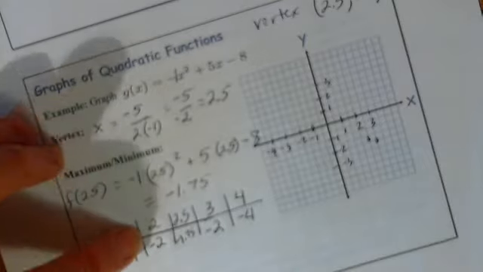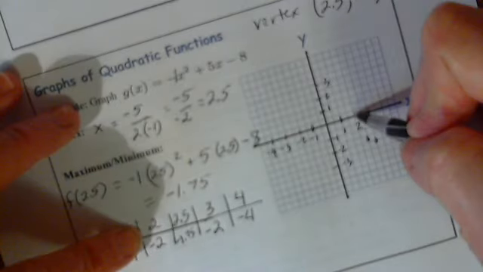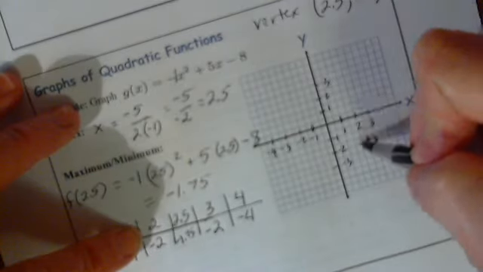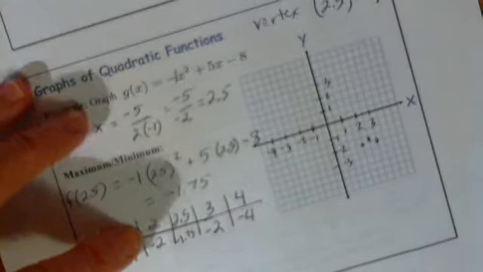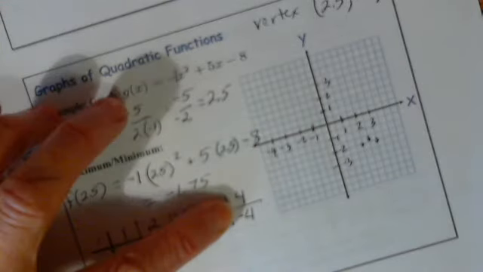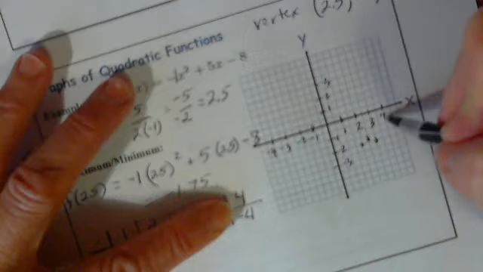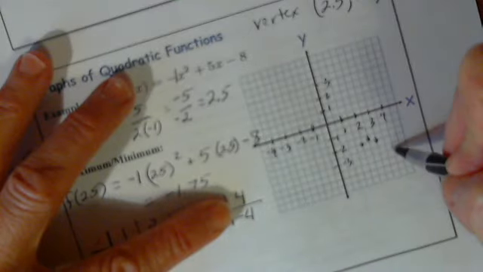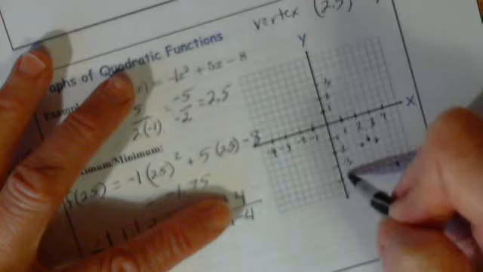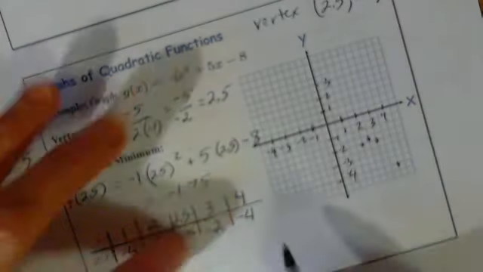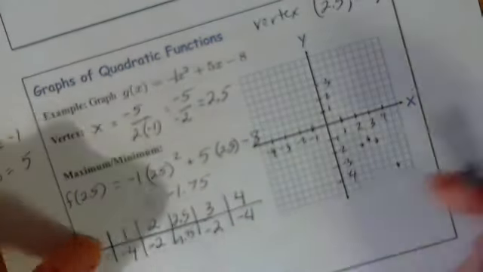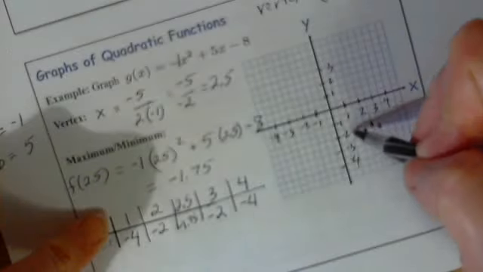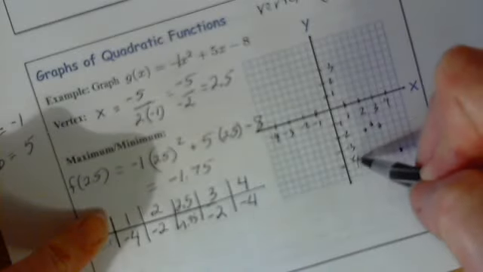The value 2, negative 2: right 2 and down to negative 2, and we can start to see our parabola taking shape. 4, negative 4. Here's my 4, and down 1, 2, 3, negative 4. And the value 1, negative 4. 1 and down 2, 3, 4. Okay, I've got my matching points.